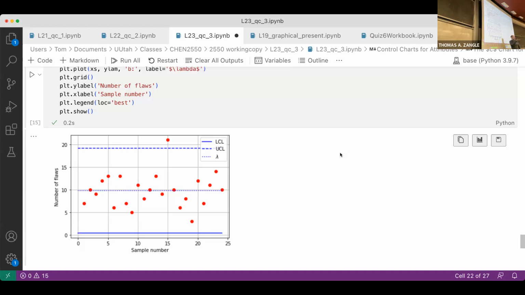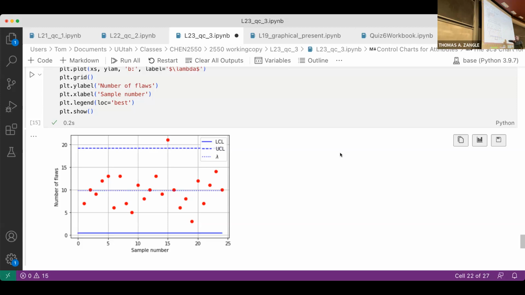Now there's a chance that something wasn't wrong, right? There's a chance that everything was actually fine. That chance is like 0.3%. Remember, our 3 sigma limits mean that there's only about a 0.3% chance that we see a result like that but the process was actually in control.